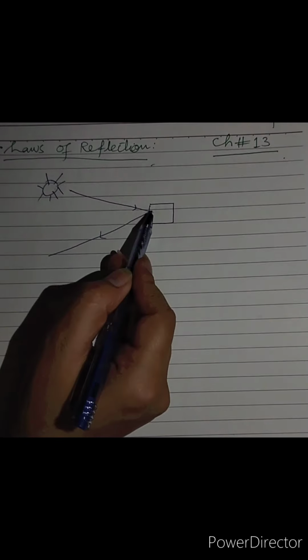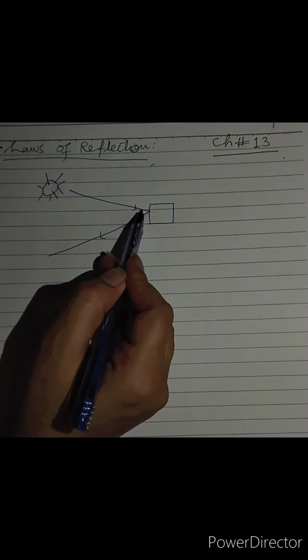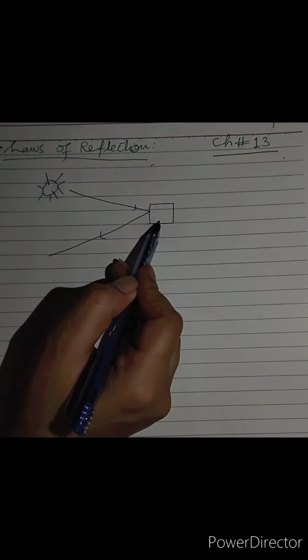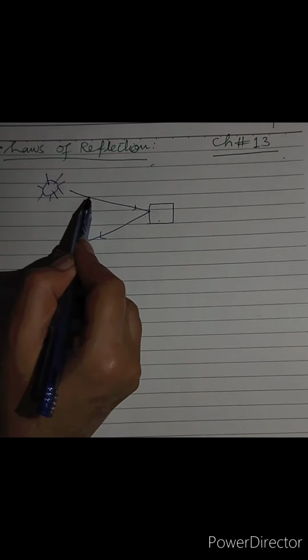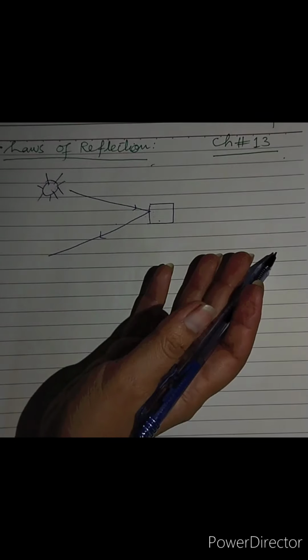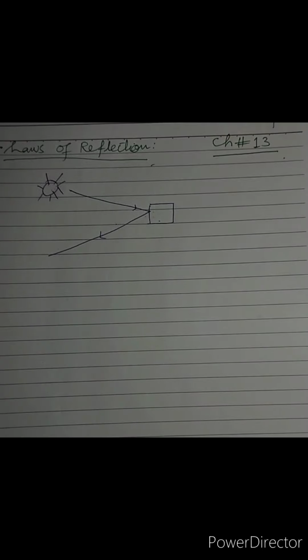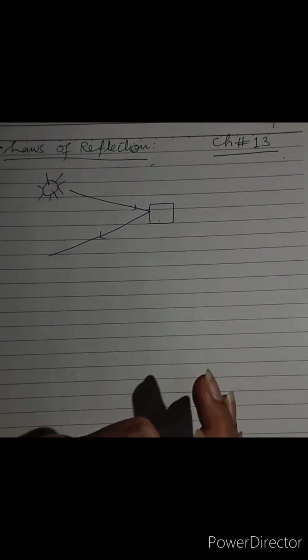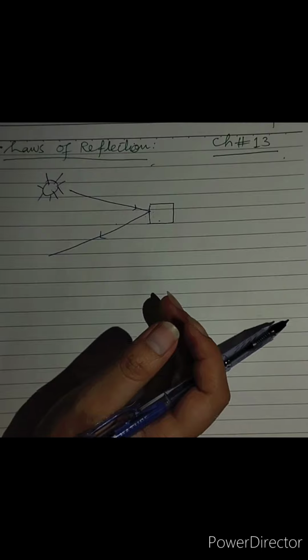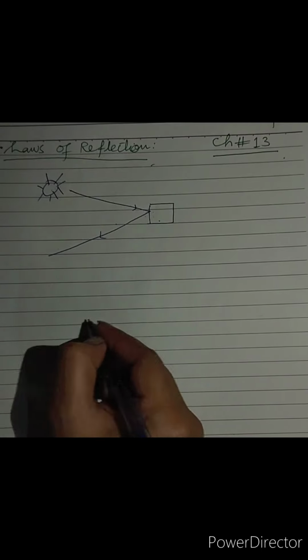Whenever light arriving from one medium strikes another medium, some of it comes back into the same medium, reflected back, and a part is absorbed and transmitted into the other one, and this is called pure reflection.